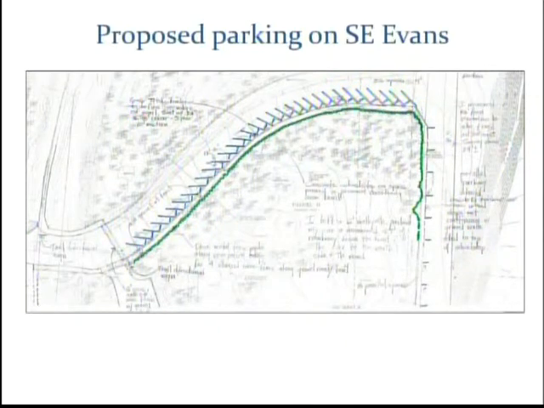Instead of parallel parking, they are proposing diagonal parking. It creates one side that is clearly marked for parking, and because of the width of the roadway, it is difficult for anyone to park on the other side of the road.